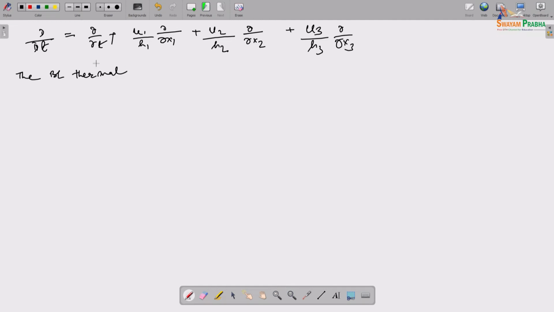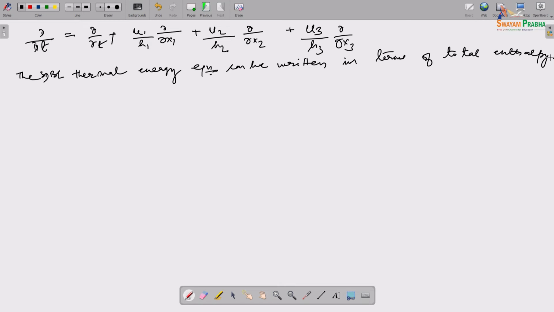Okay. Now finally, the boundary layer thermal energy. So the 3D boundary layer thermal energy equation can be written in terms of the total enthalpy. Okay.